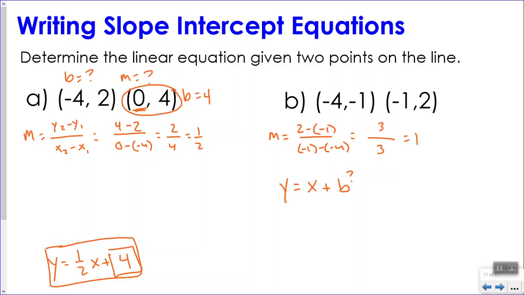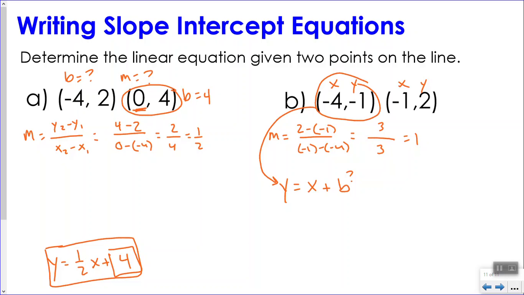Now we need to find our y-intercept. So if I look at my equation so far, I have y equals 1x, or just x, plus b. We need to solve for this b value, which means that we need numbers that we can substitute in for y and x. If I look at my coordinates, I have 2 sets of values that I can use. I have 2 pairs of x, y coordinates. It does not matter which one you pick.